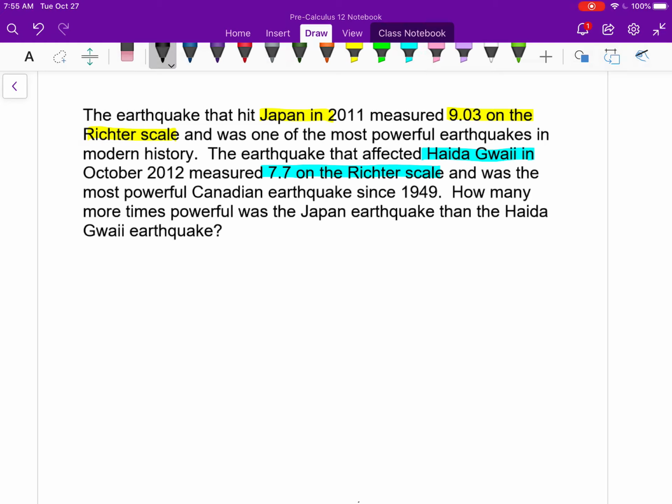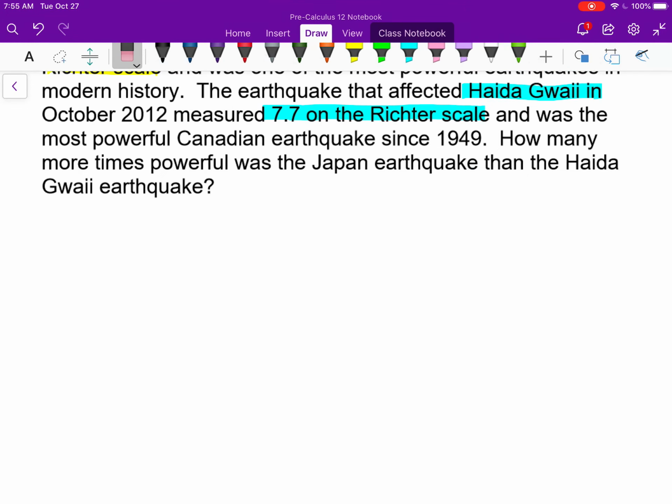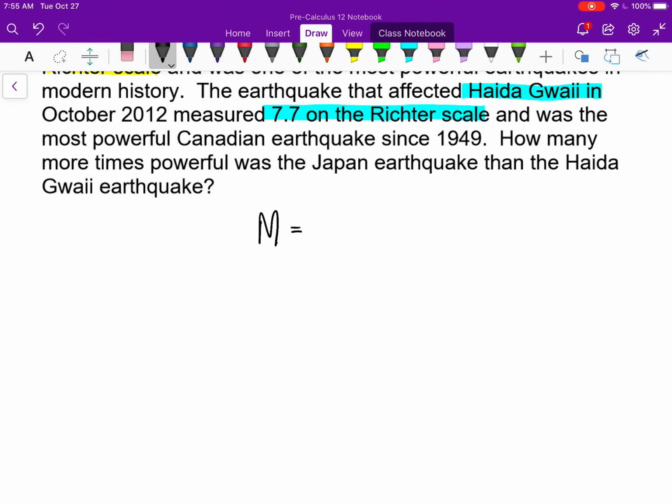First, let's write down again what this was. The magnitude of an earthquake is the log of the amplitude divided by A naught. But like I'm going to keep saying, it's all of this in here that's going to matter, not those individual values. So if I look at Japan, we know the magnitude. It was 9.03.